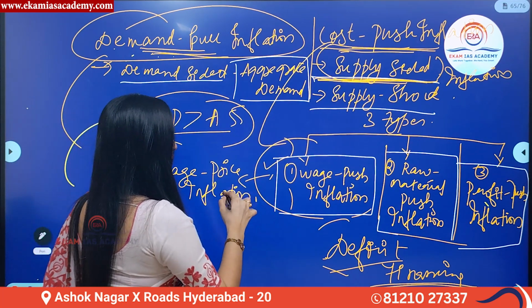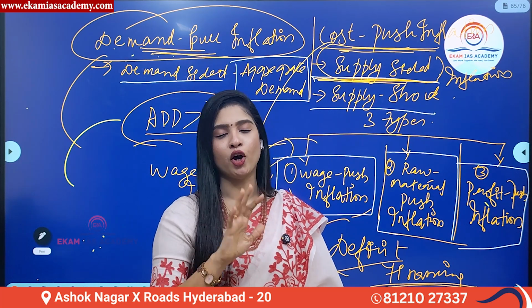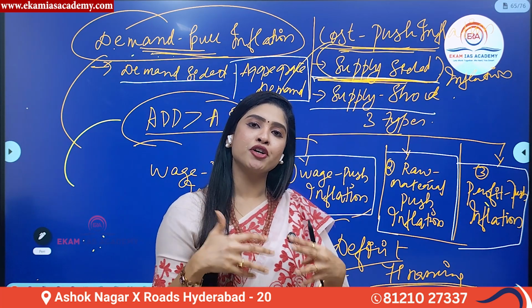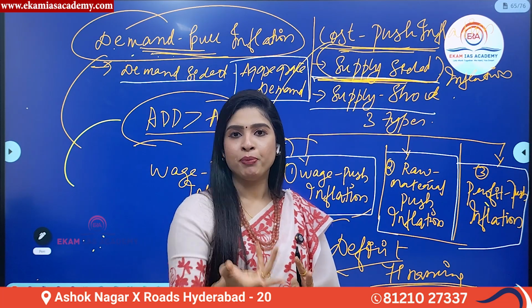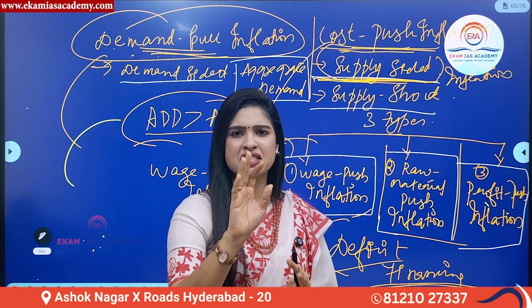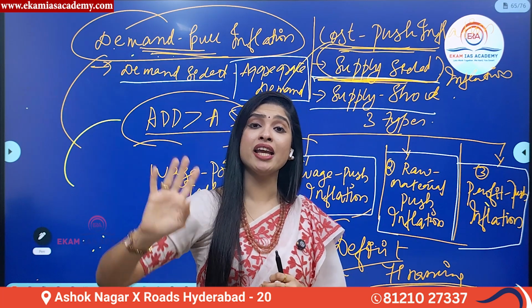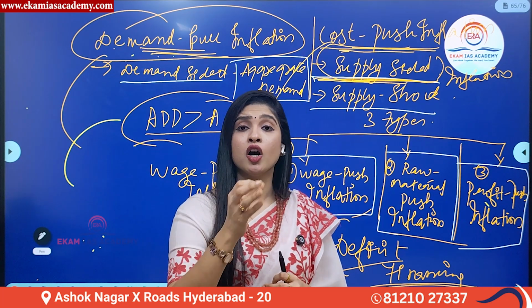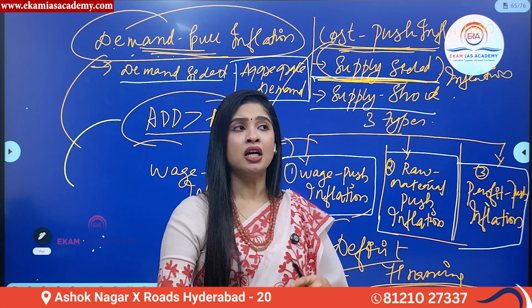Wage push inflation means, for example, I am a producer or I am an employer. Now, when I am producing a cotton sari, suddenly my employee, the laborer, is saying that we want an increase in wages because of inflation in the economy. The cost of living is too expensive because of price rise or inflation.